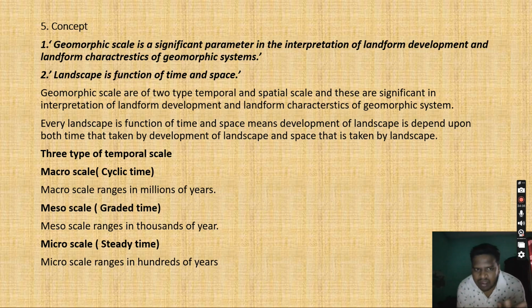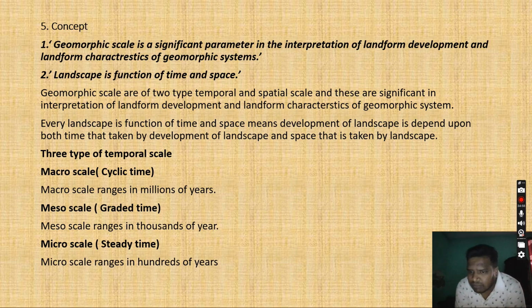Any landscape developing over the earth's surface is a function of time and space, meaning the time consumed to develop a landscape and the space required to develop a particular landscape.